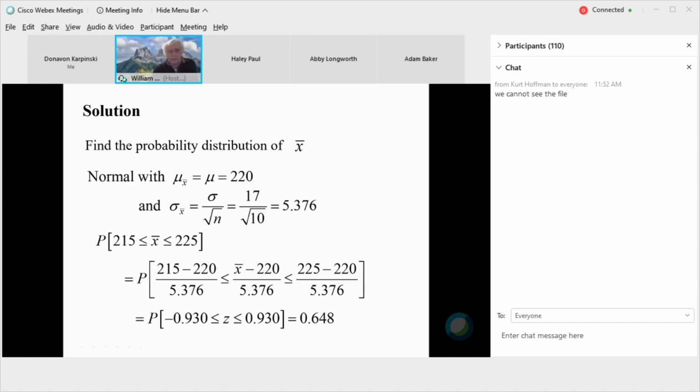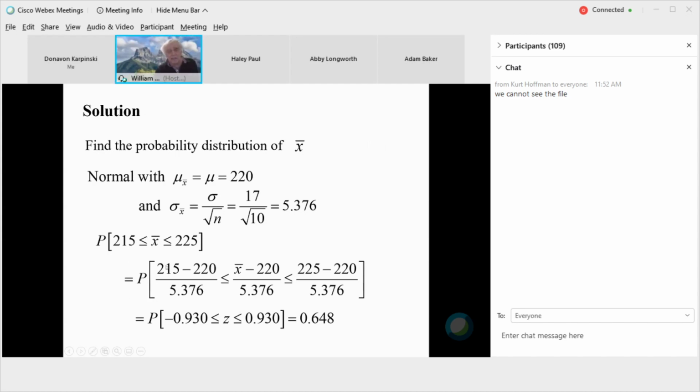The probability distribution of X bar is normal with mean mu X bar equal to mu equal to 220, and sigma X bar equals sigma over square root of n, 17 over the square root of 10, which is 5.376. So then we can use that to calculate the probability that it is within 5 of 220.